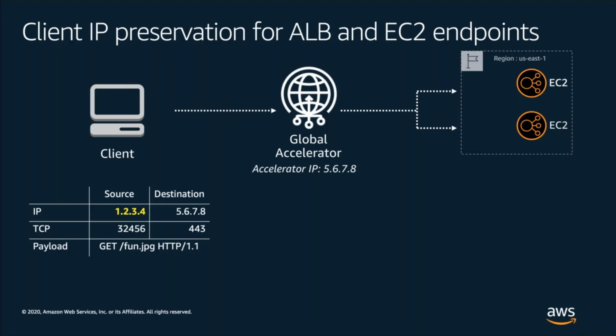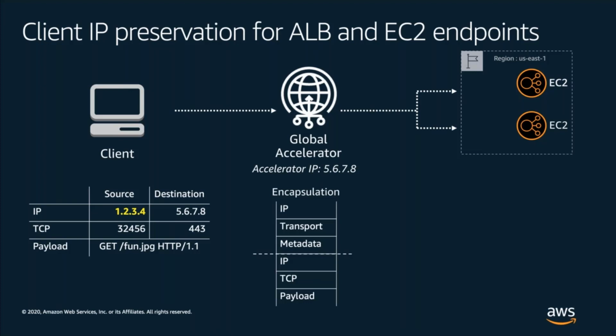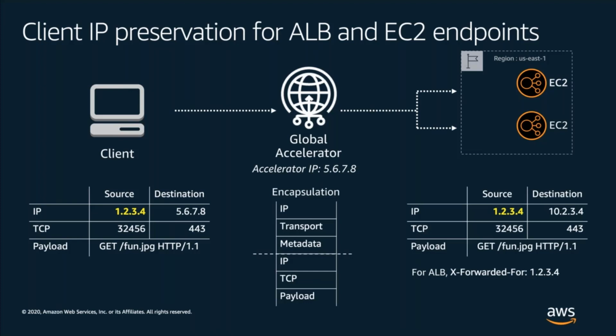And what we do is we make sure that there are different layers of encapsulation, and once the packet lands on the EC2 instance or the application load balancer in your VPC, the source IP of the client is untouched. So you still see 1.2.3.4. I'll dive into how we achieve this in a second. The EC2 instance will see the TCP/UDP packet with 1.2.3.4 as the source IP. And we work with the application load balancer to include the source IP in the X-Forwarded-For header.